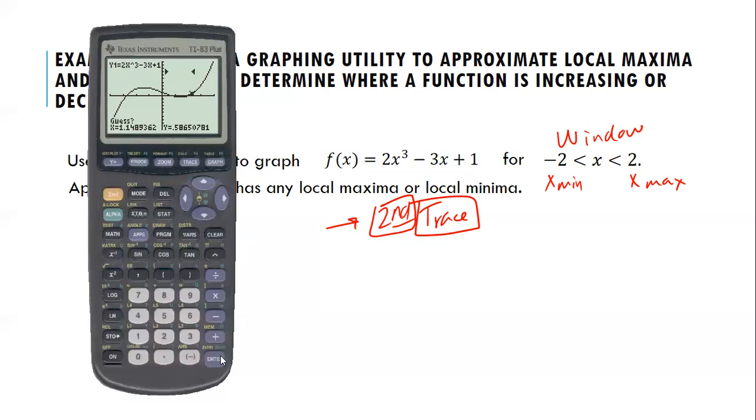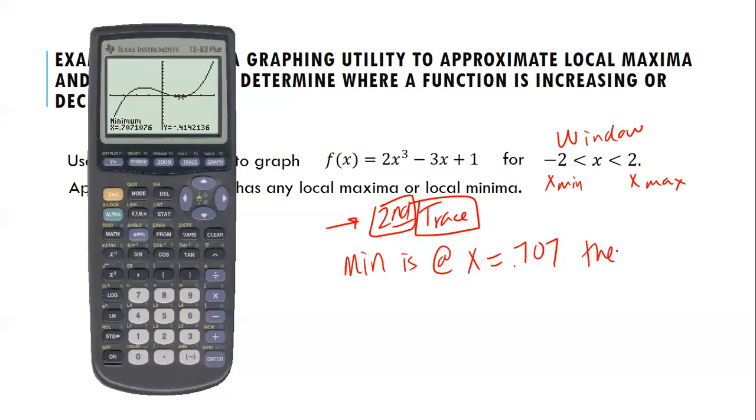And I press enter. And it's like, is this the interval you want me to guess on? And I'm like, yes, this is the interval I want you to guess on. And then I press enter. And it's going to do some thinking. And then it's going to tell me my minimum. So it tells me my minimum is at approximately x equals 0.707.